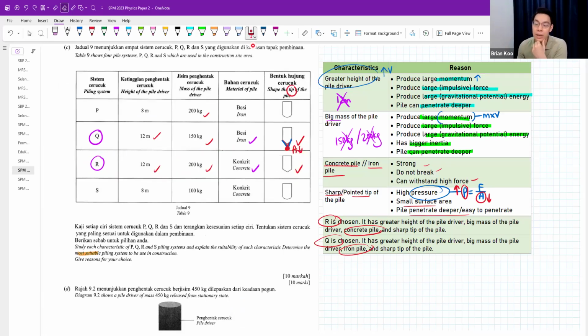You might think, but concrete teacher will crack, huh? After you hit a few times. That's true also. But usually concrete inside they will put some steel and all of that. If they write like reinforced concrete, then even better. I would definitely choose this. Reinforced concrete, that means inside the concrete got reinforced with some steel bars. But iron also not bad.